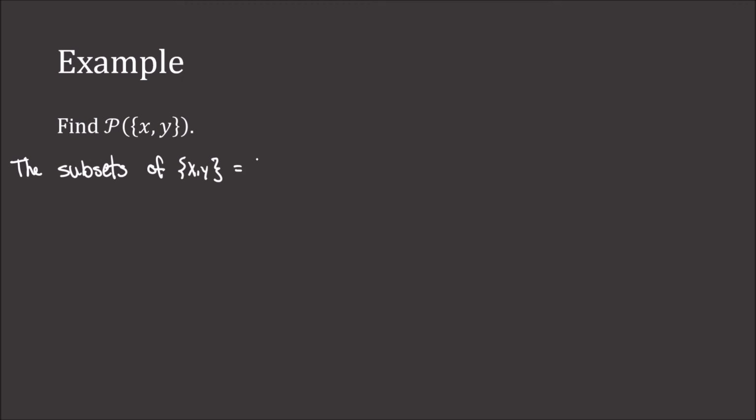Well, we will prove later that the empty set is a subset of every set. So we're going to have the empty set, the set {x}, the set {y}, and then the set {x, y}.